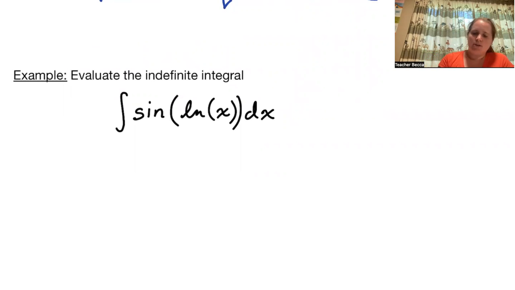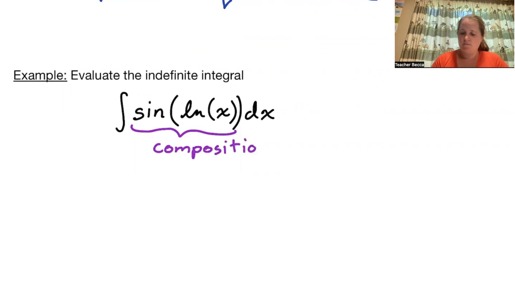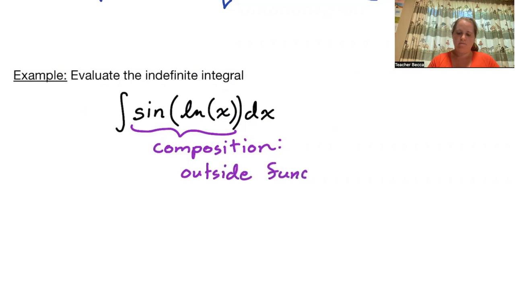So we have a composition with an outside function of sine of x and an inside function of natural log of x.